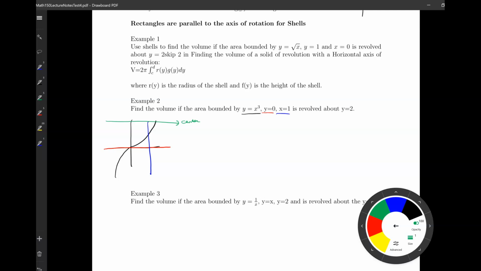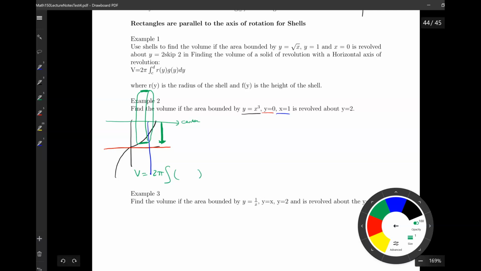Let's practice doing shells. So if I draw the parallel to the axis of rotation, here is my shell. So my volume will be 2 pi. From here to here is my radius, and that's going to be not an x or a y, but something I have to figure out.